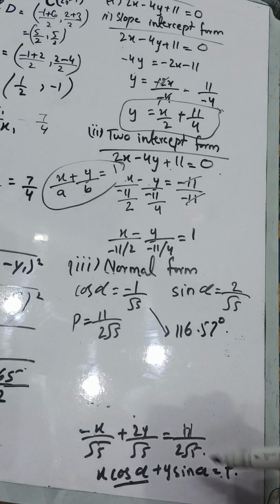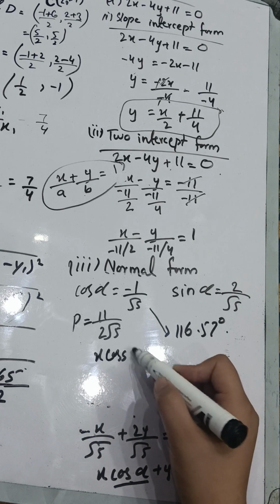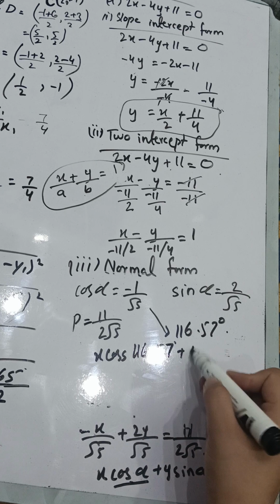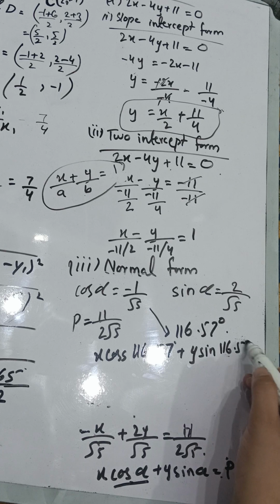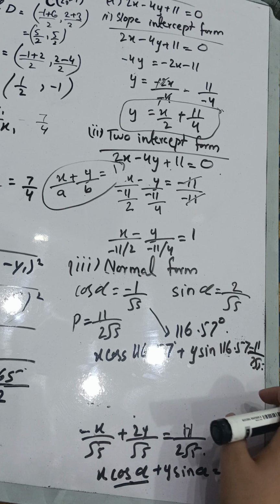Now you have to put this value in this equation, so x cos 116.57 degrees plus y sin 116.57 degrees is equal to 11/2√5. So this is the perpendicular form that has come to you.